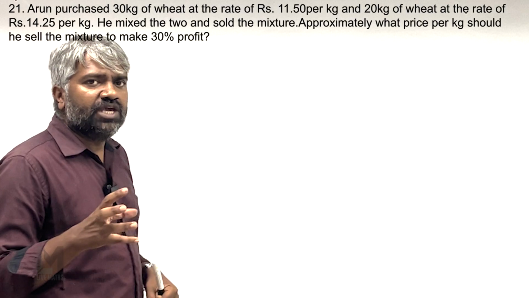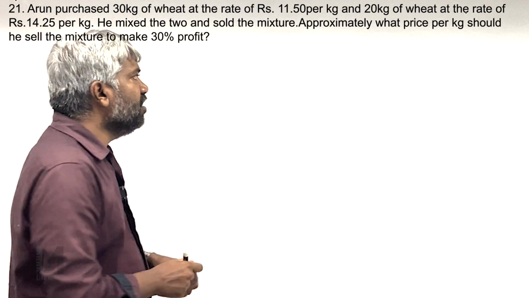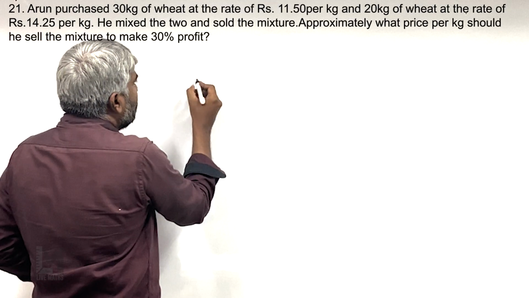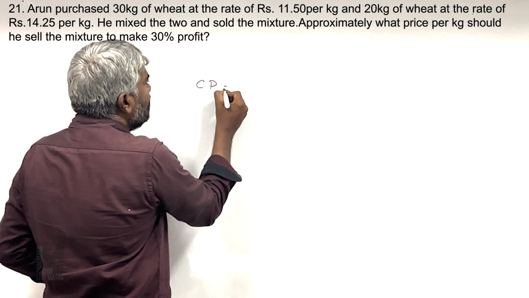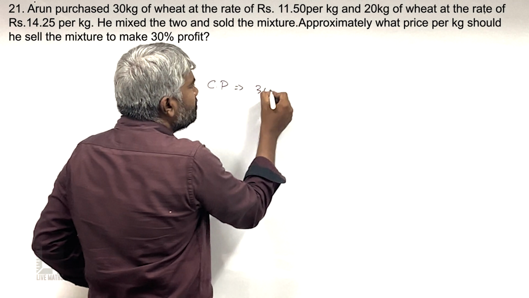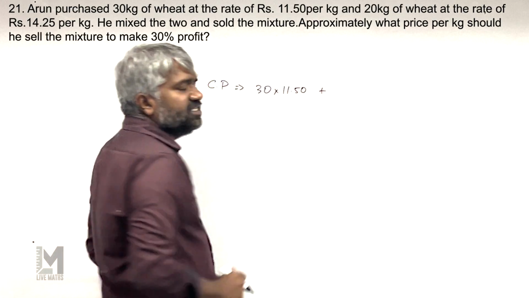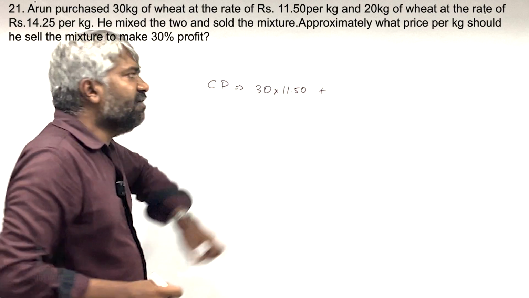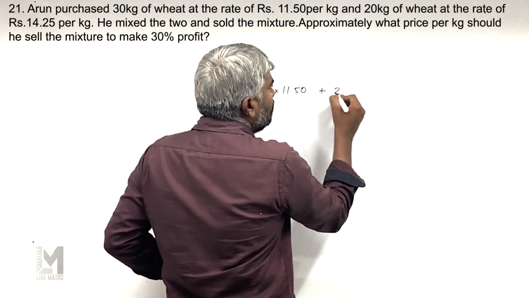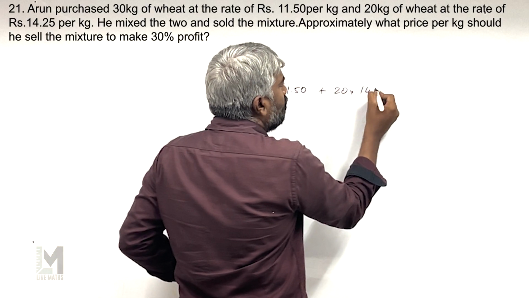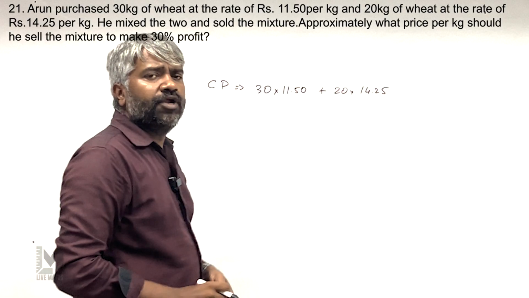First, I will find you the cost price of both the wheats, right? So cost price equal to first is 30 kg which is bought at a price of 11.5 rupees, then 20 kg which is bought at a price of 14.25.